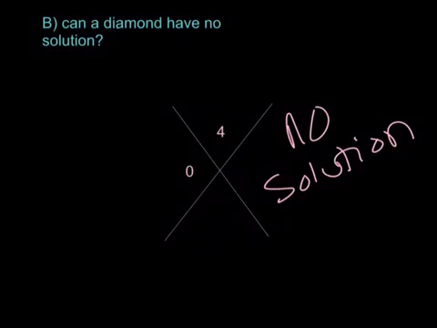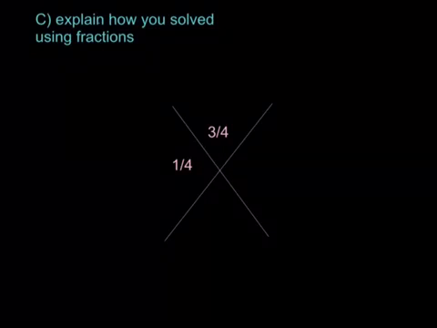Let's go on to the next problem. Explain how you solved using fractions. Okay, for 1/4 and 3/4, what we have to figure out is what number times 1/4 equals 3/4. Well, 3/4 is the same as saying 3 of the fourths, so 3 times 1/4 would be 3/4.